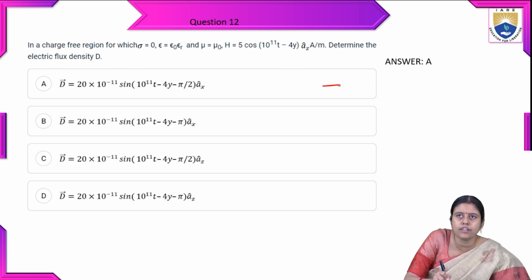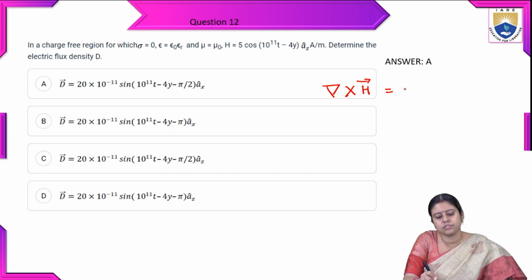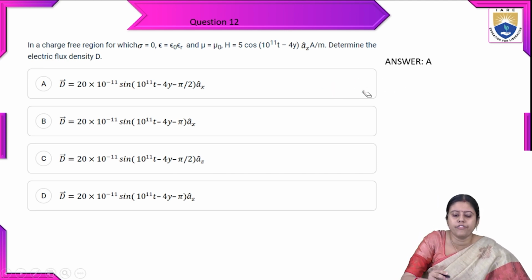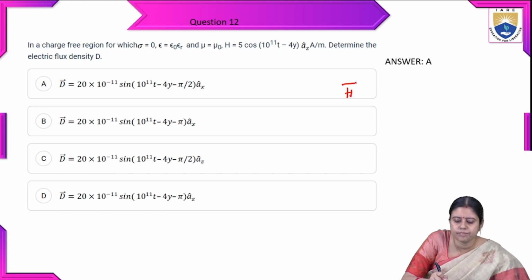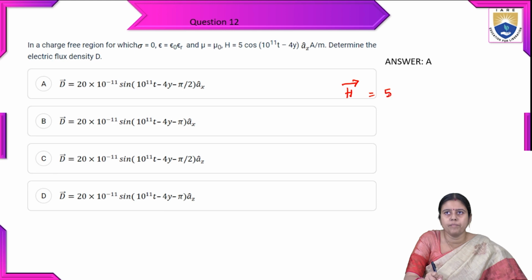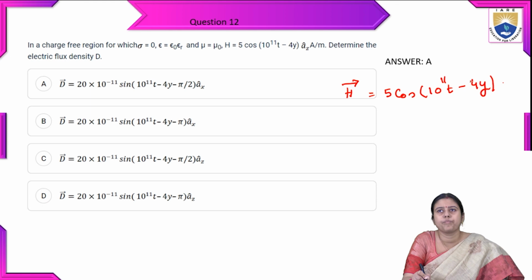The steps are: first, we know grad cross H is equal to... The value of H is given in the problem, 5 cos 10 to the power 11 t minus 4 y.